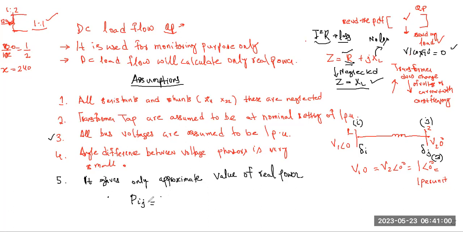So what was that formula for power? The power formula was Vi into Vj divided by X sine delta, right? I taught you this in the load flow analysis. We have written this formula, right? Yes, sir. If you go back to your load flow analysis, you will see this formula is there.